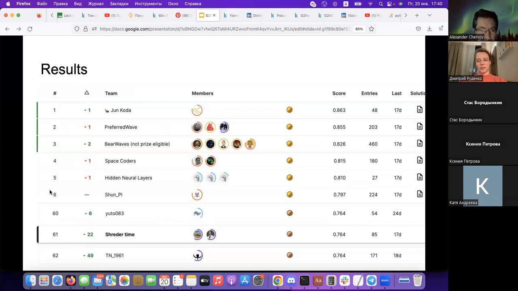But yes, the top places had a high score. Also, the Space Coders team was beating everyone for almost 2 months of this competition, and only at the end they dropped down a little bit.